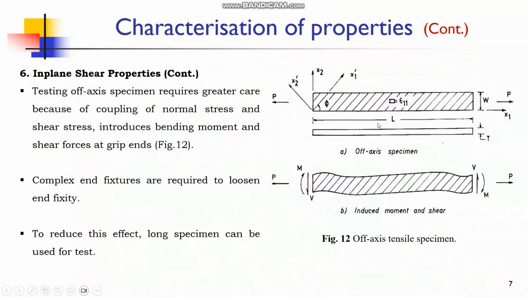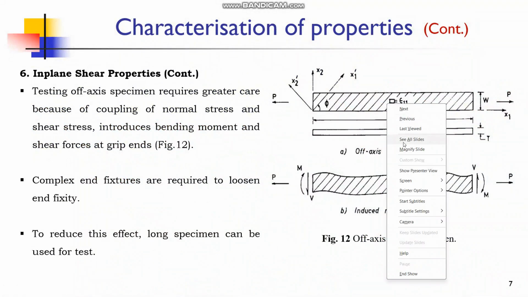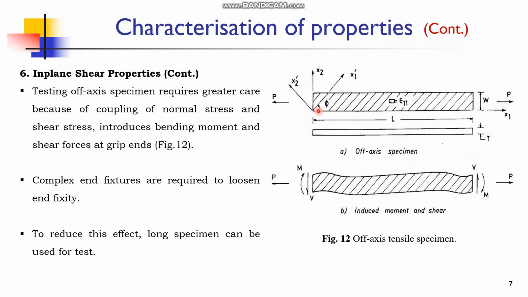This figure 12 shows the off-axis specimen, with x1 and x2 indicating the reference axes, which is nothing but your 0 degree and 90 degree. X1 prime refers to the direction along which the fiber is oriented. The fiber makes an angle phi with reference to the reference axis. We call x1 prime and x2 prime the material axes.